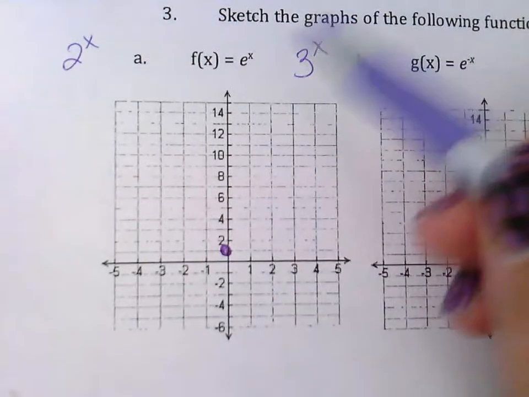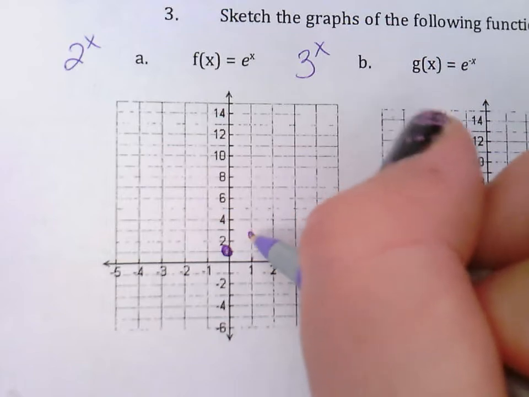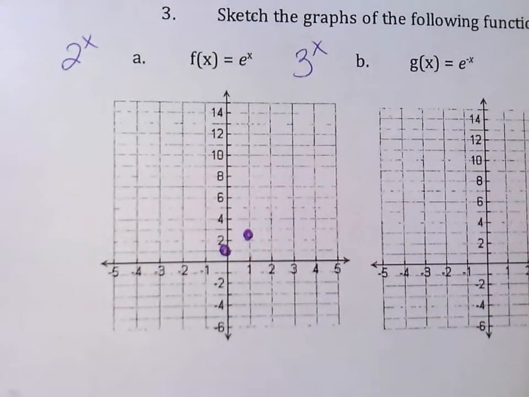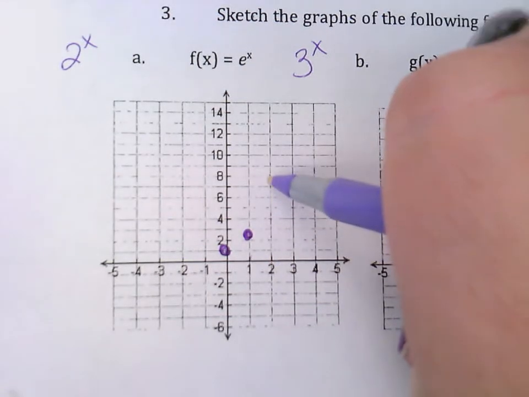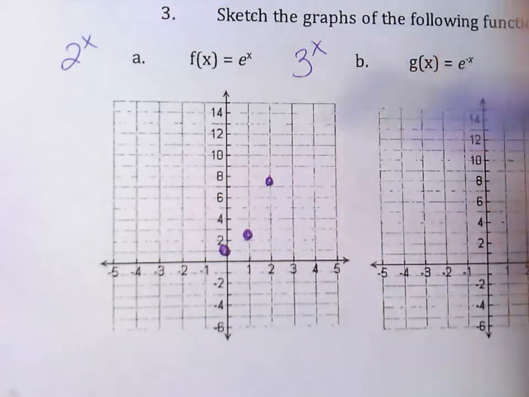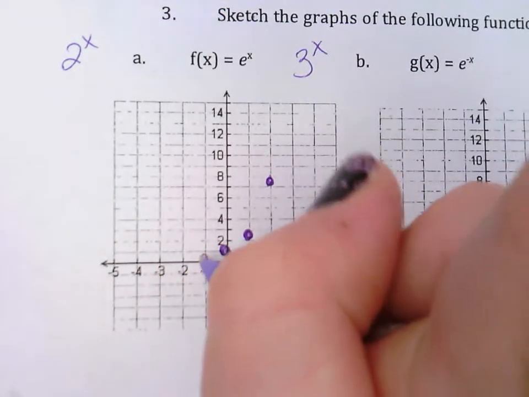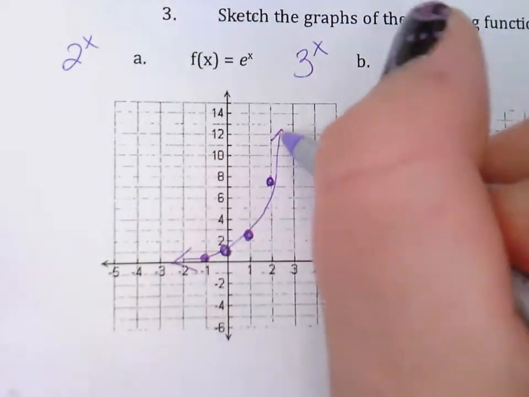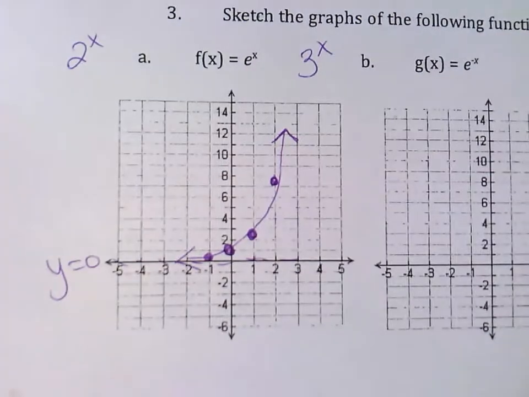I already know that e to the first power is 2.7, so 1, 2.7. I already know that e squared from my calculation up here is about 7.39, so 2, 7.39. I know e to the negative first is 0.37. So there's e to the x, right? It behaves just like our other exponential functions. It has an asymptote at y equals 0. It's a steepness that's between 2 to the x and 3 to the x.